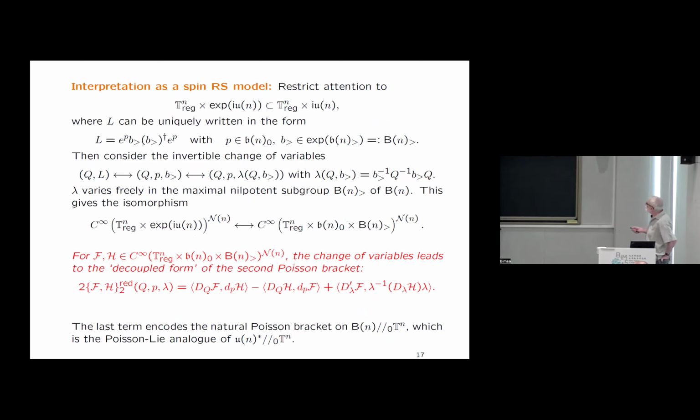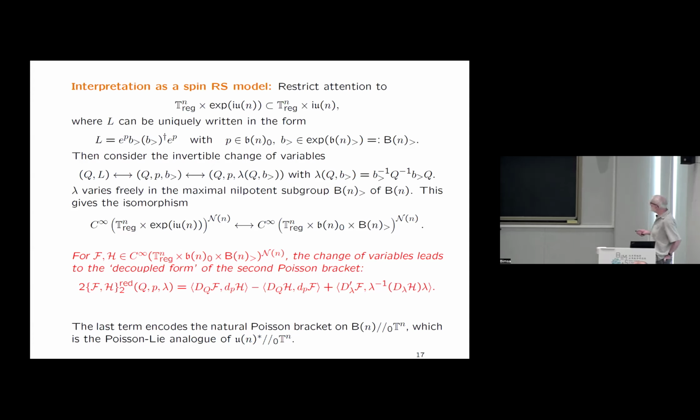So we restrict to the part of the phase space where the Hermitian matrix is a positive definite Hermitian matrix. A positive definite Hermitian matrix is the exponential of some Hermitian matrix, and this is an open submanifold.